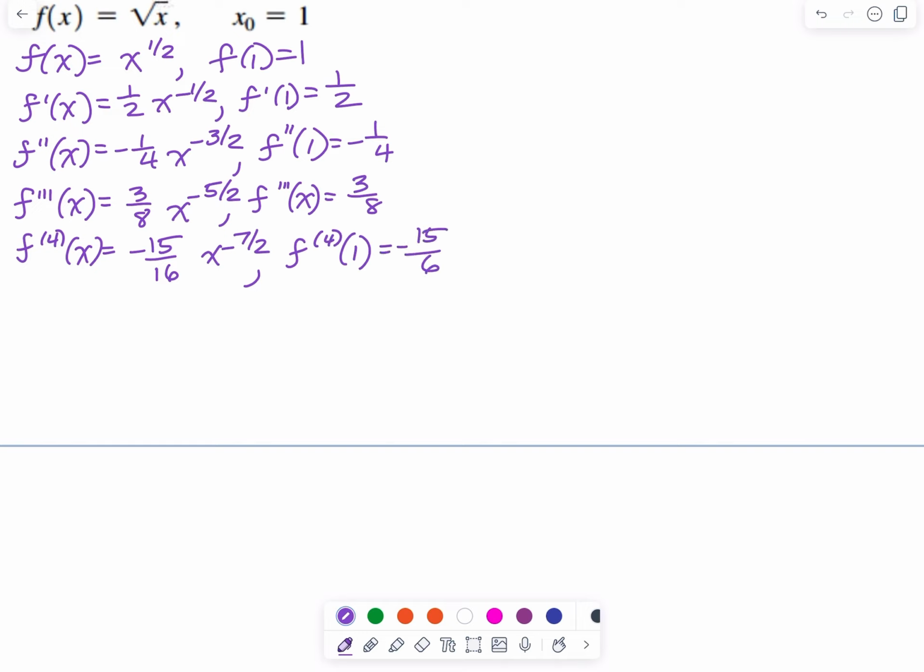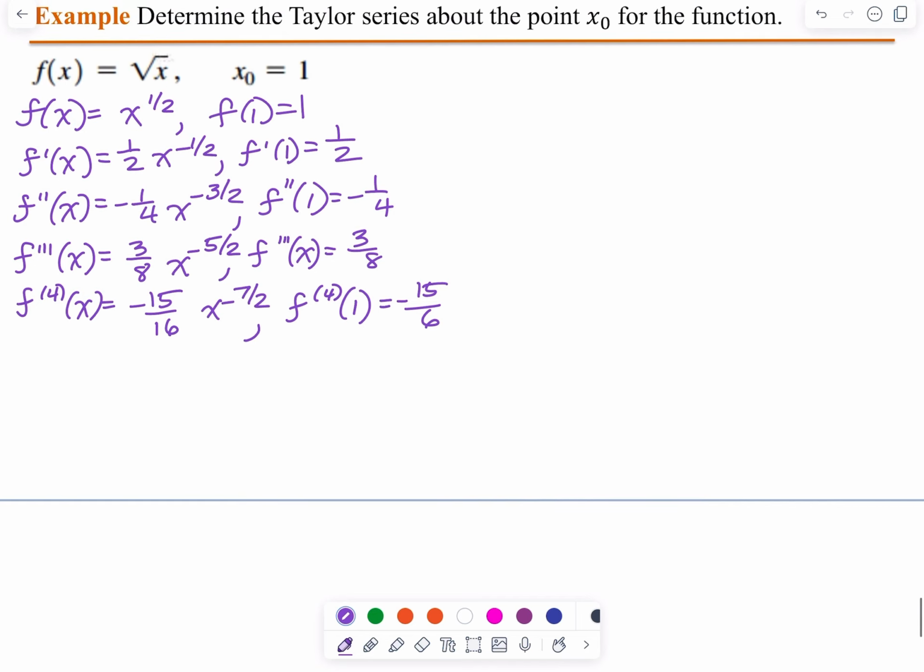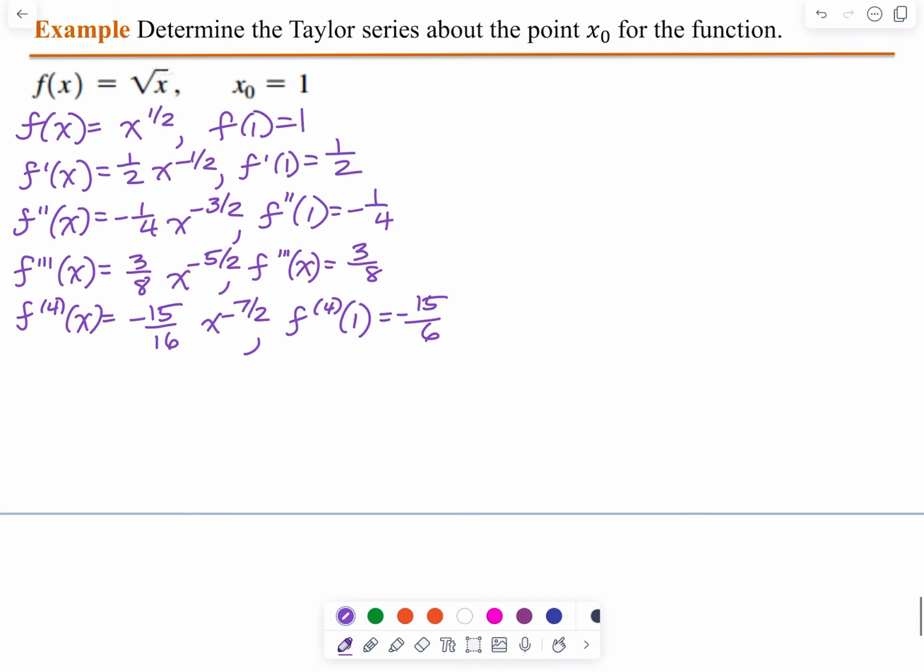Okay, so let's do the same thing. Let's take a look at these coefficients. All we need to do is divide these by n factorial. So we would divide f of 1 by 0 factorial, then 1 factorial, 2 factorial, just to get that first coefficient.